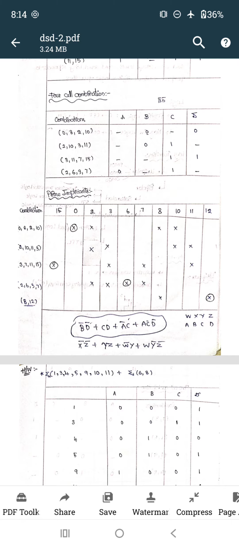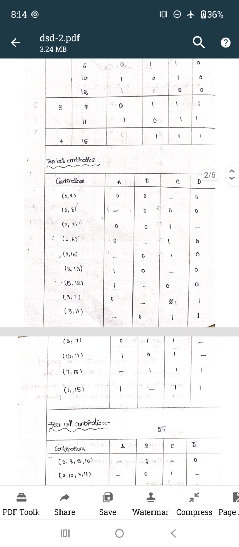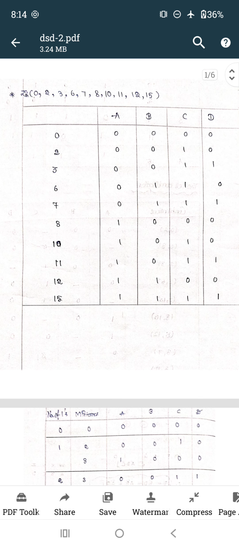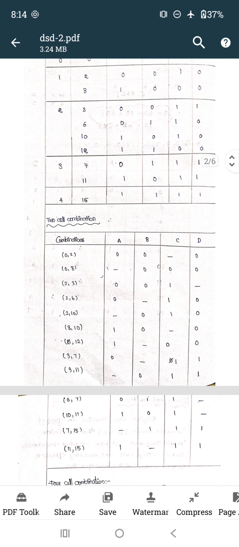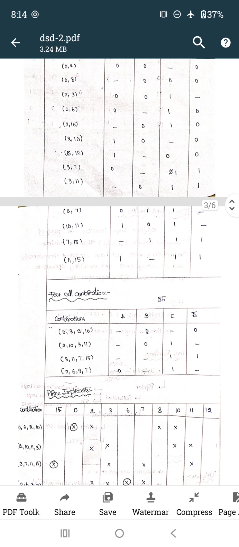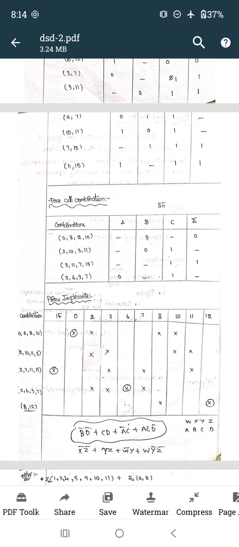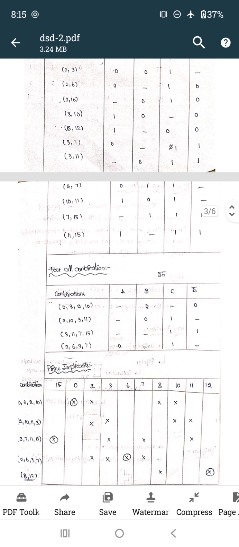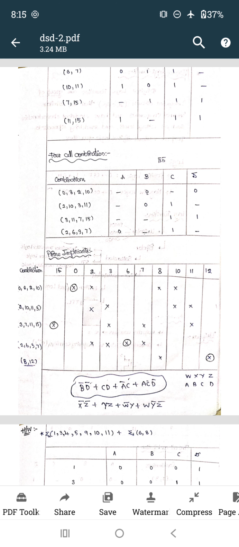Next, 8 and 12 are the terms which are not covered in the prime implicants, so 8 and 12 are taken into consideration. We put the cross mark in the 8 and 12. For 8 and 12, the single x is in 8, 12. The corresponding term for 8, 12 is A C bar D bar, so it is taken into the Boolean expression.